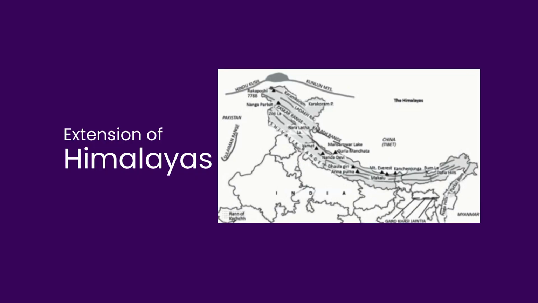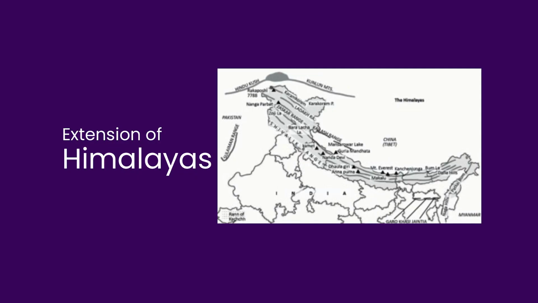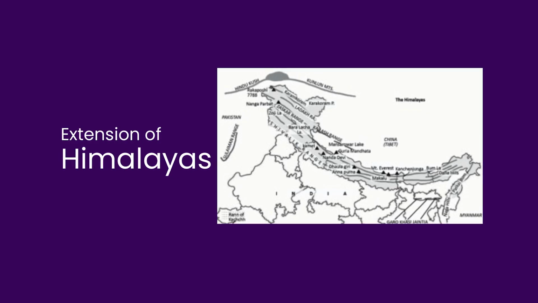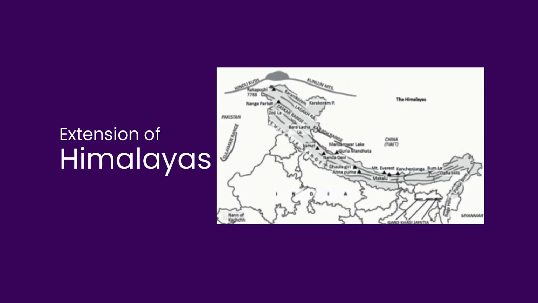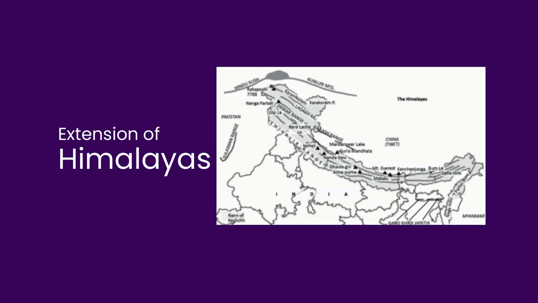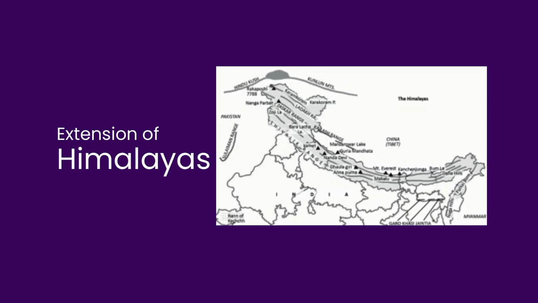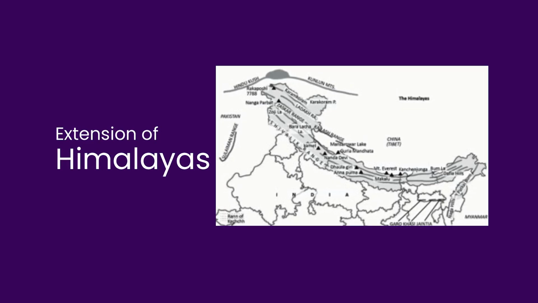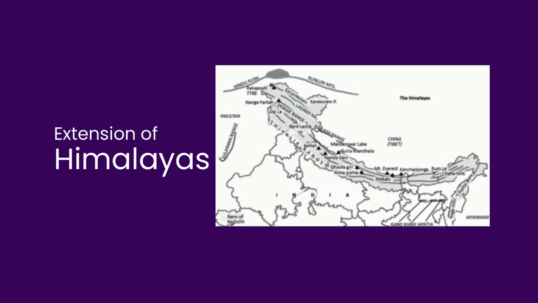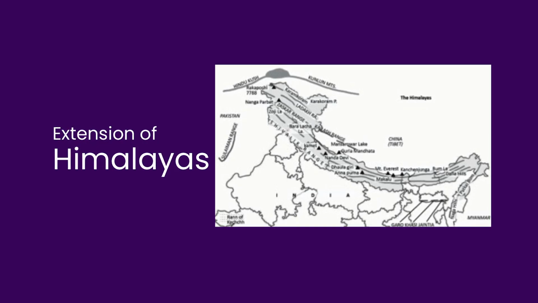Moving on to the extent of the Himalayas. The Himalayan mountain ranges start from Pamir in the northwest and extend up to Purvachal in the east, and there is a chain of mountains. They stretch almost uninterruptedly for about 2,400 km and form an arc.